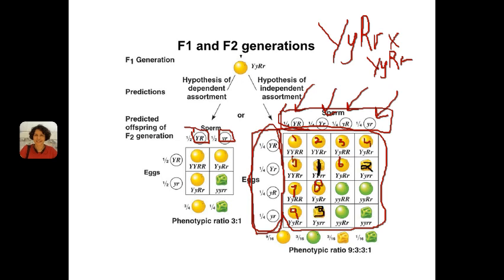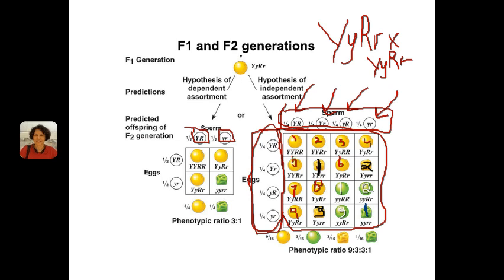Another 3 are going to be green and smooth, and you can see them here. 1, 2, and 3. And finally, 1 is going to be green and wrinkled. And I used the blue one. 1 individual there. And that gives you the 9 to 3 to 3 to 1.